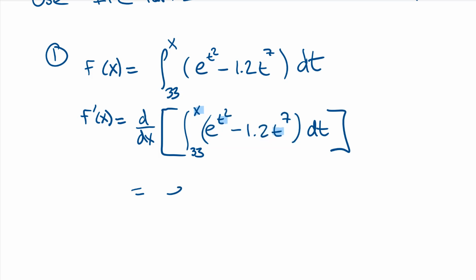And here's our solution: e to the x squared minus 1.2 x to the 7th. And there's the solution. That's the derivative of f of x. So when you take a derivative on an antiderivative, you go back to where you started. It's just what variable you are taking derivatives and antiderivatives on.